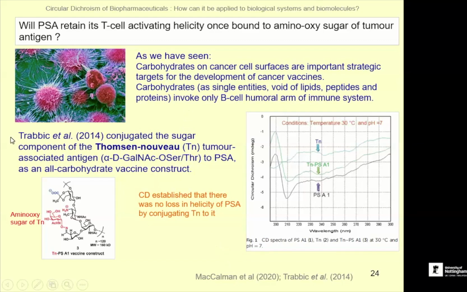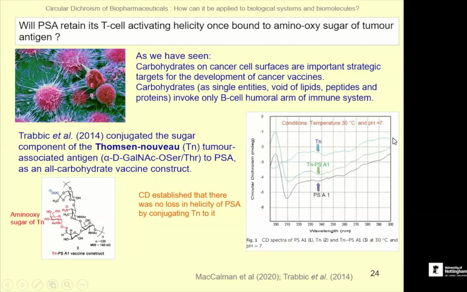Okay, so these guys did that. Travic et al. 2014 took the unusual sugar moiety from the TN tumour-associated antigen for this construction and fused it to PSA, a PSA derivative, which is small, to see whether it would retain its alpha helicity.